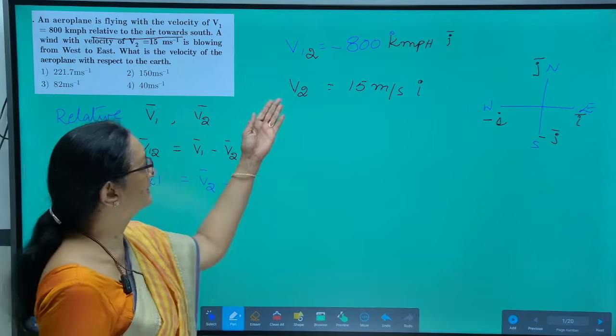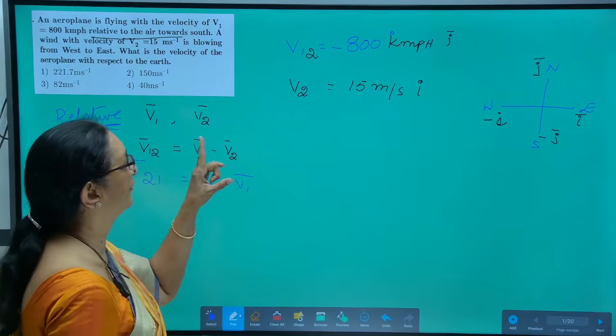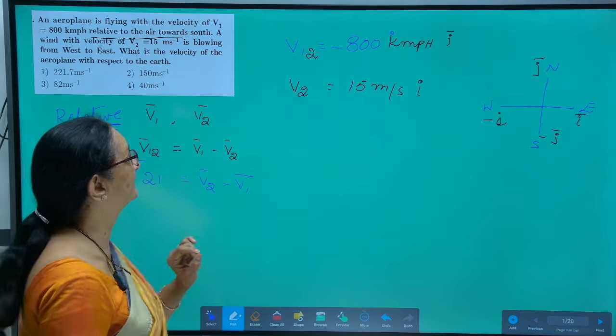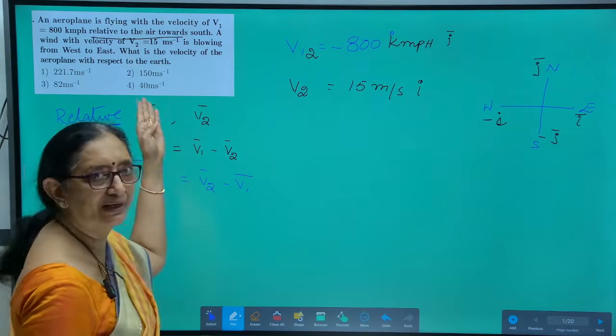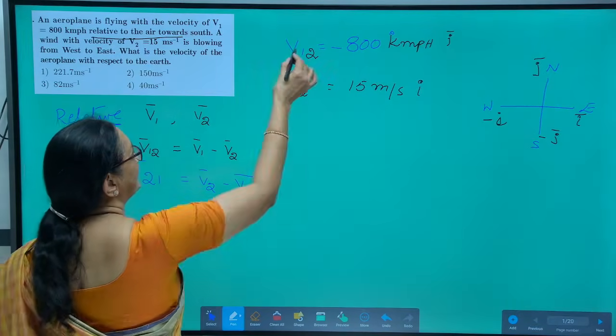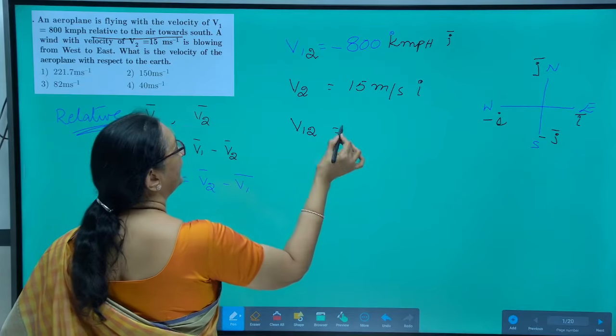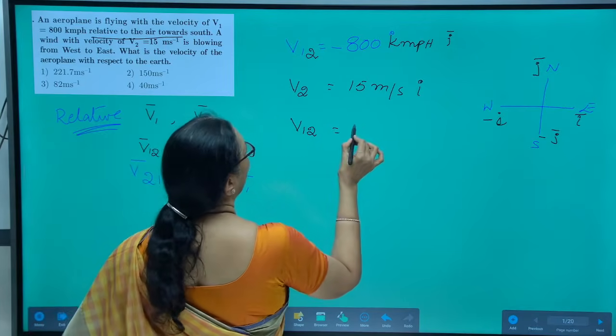But velocity of wind is given in meter per second. First of all, both of them must be in the same units. So, look at the options, everything is given in meter per second. Let us convert that aeroplane velocity with respect to wind into meter per second.